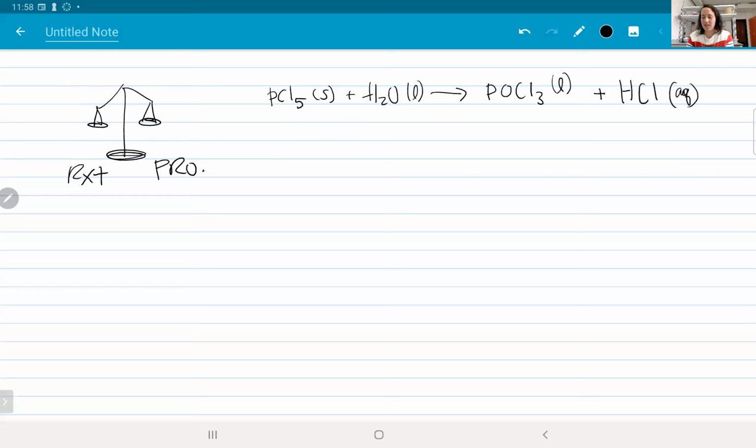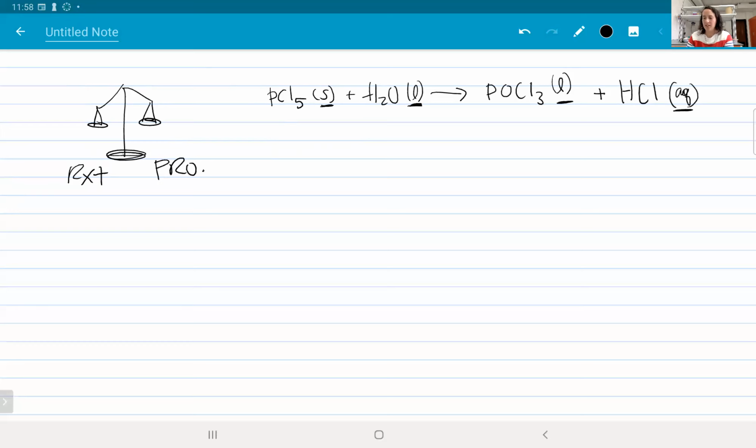Okay, so as you can see, I didn't really talk about them last time, but these letters indicate what phase these species are. So you've got solid, liquid, gas would be g, and then aq is aqueous. That means that whenever you see aqueous, it means that this chemical species is dissolved in water.